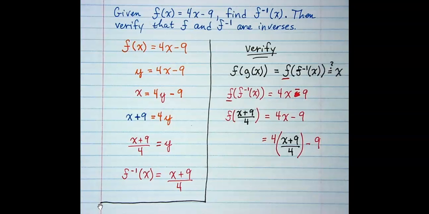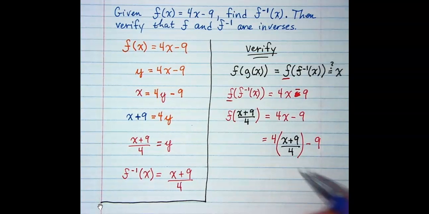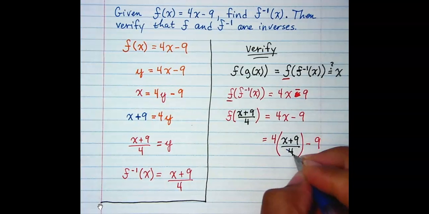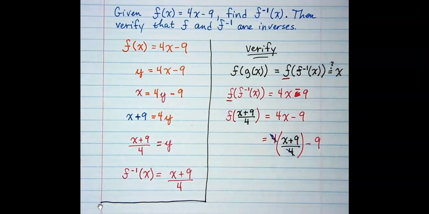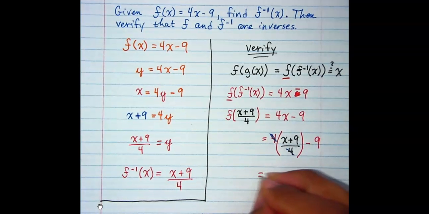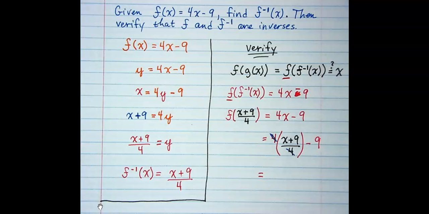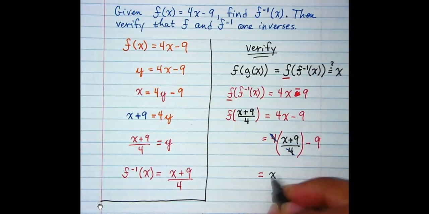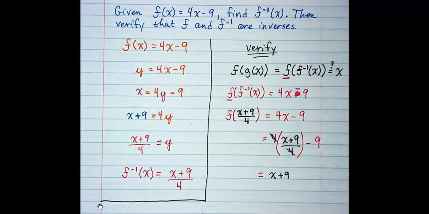So let's do some simplifications. We're multiplying this fraction by 4, so it's a 4 on top, a 4 on the bottom. They can cancel each other out. So here we're technically dealing with x plus 9 minus 9.